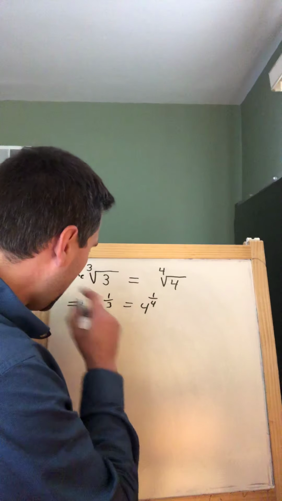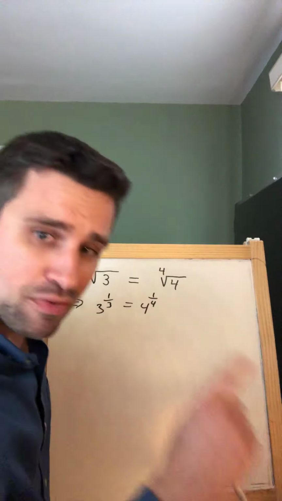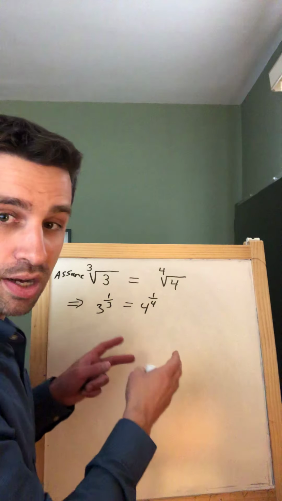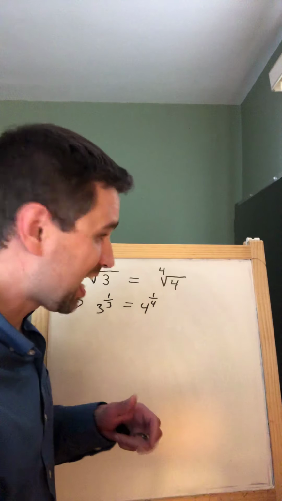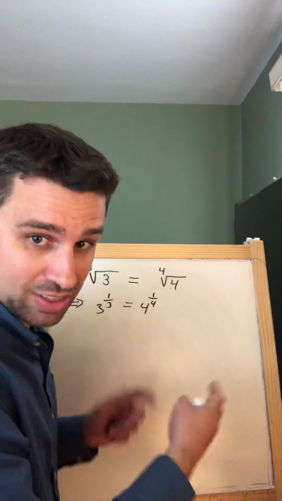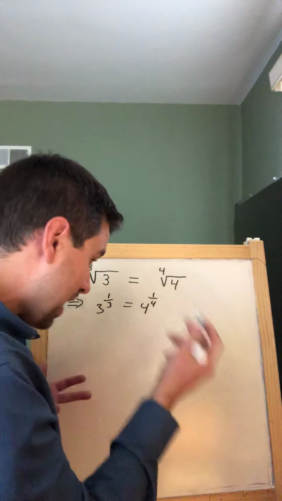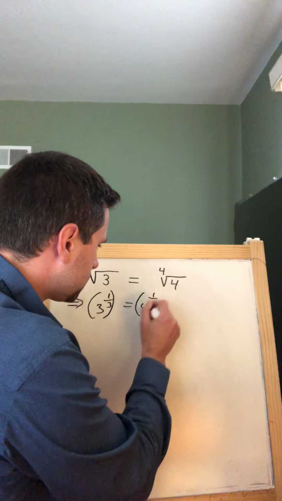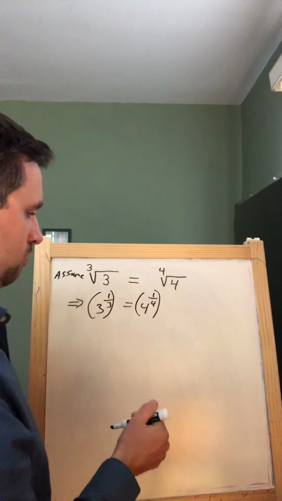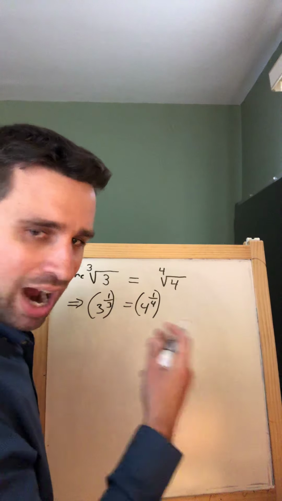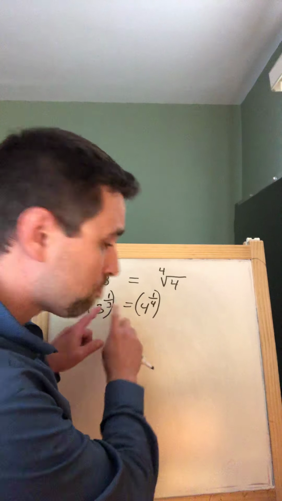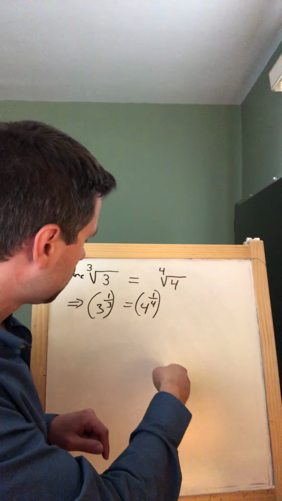I can multiply both sides of an equation by any number, and that's not going to change the equation. It's still going to be equal. The same goes for raising both sides to some power. Well, what power? I have to do the same thing to both sides of the equation.